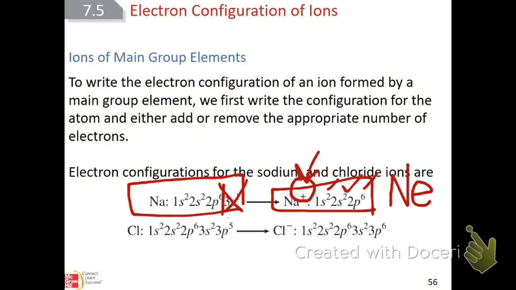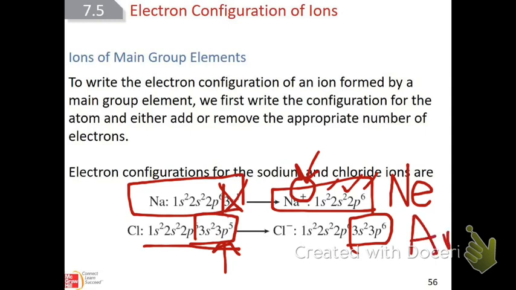So it's happy. Chlorine, same way. It doesn't need to lose. It would either have to lose these 7 and be like neon, or it could gain one more and have the s2p6 and be like argon.